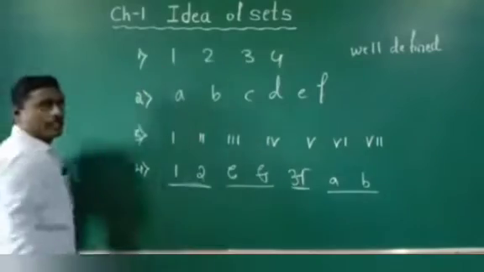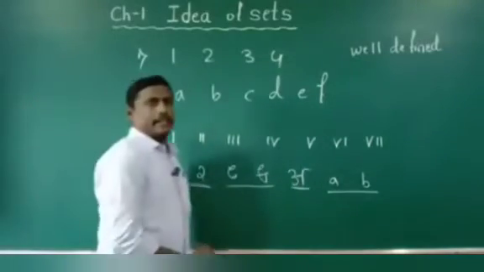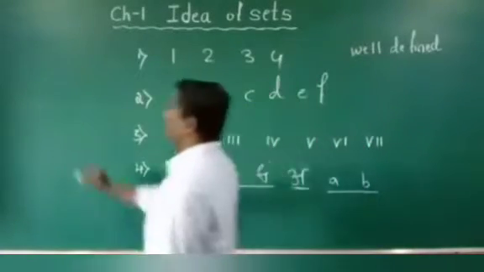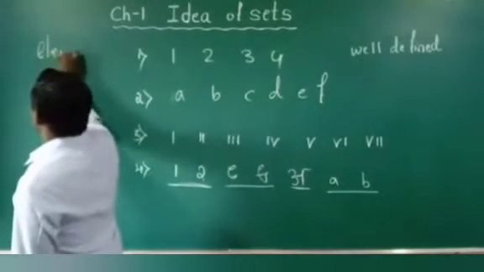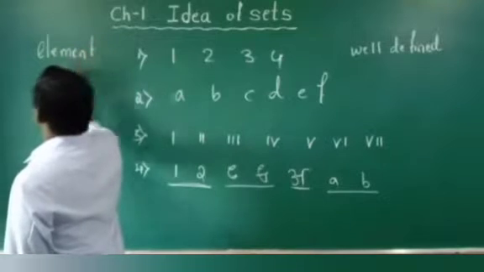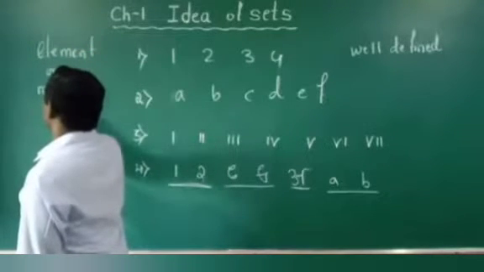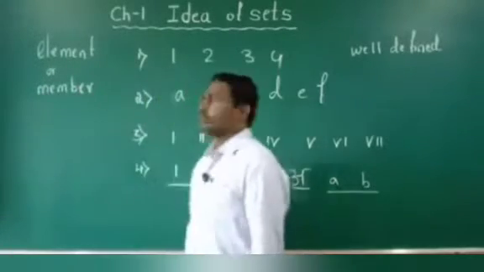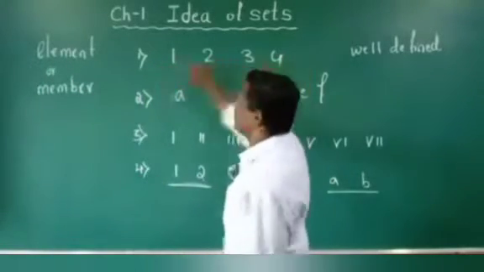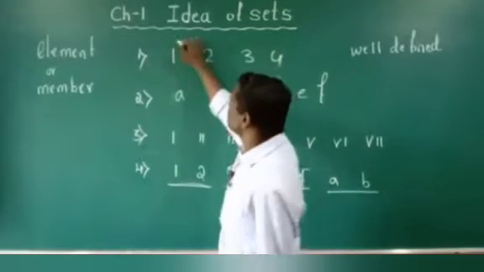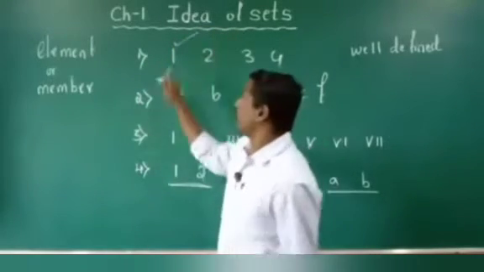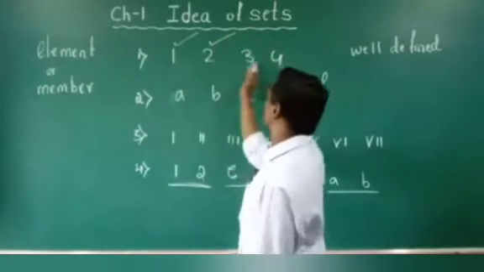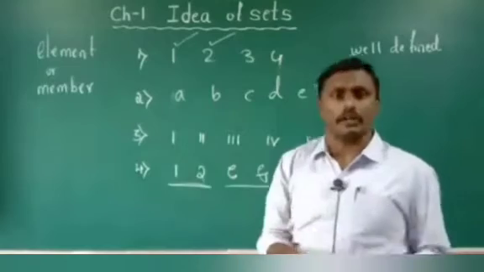Each object existing in the set is called an element or member. For example, if I take these numbers as one set, then 1 is an element, 2 is an element, or 1, 2, 3, 4 are the members of a particular set.